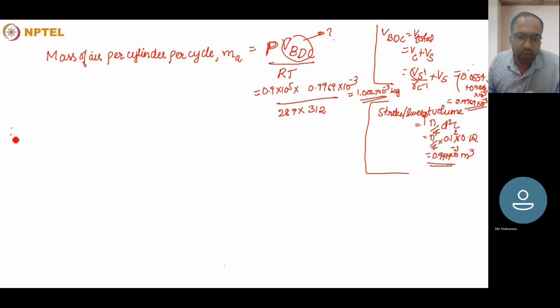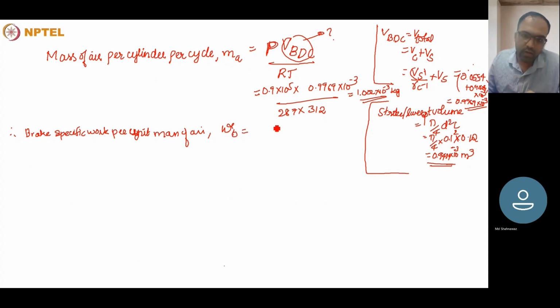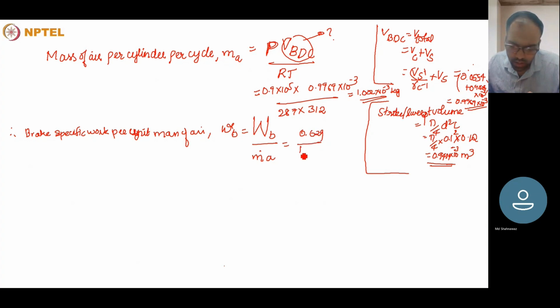Therefore, the brake specific work per unit mass of air is given by 0.629 divided by 1.002 into 10 power minus 3.